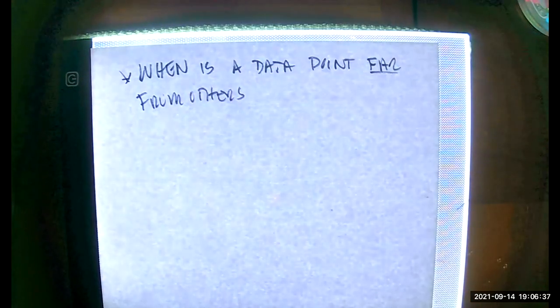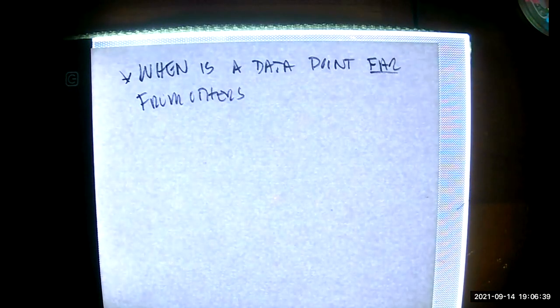We've had a rather basic discussion on the notion of outliers. This notion of when a data point is far from others really turns out to be super, super important. And it takes a couple of different forms as we go through the semester. But when is a data point far enough from other data points that we can say, oh, that guy is out there?